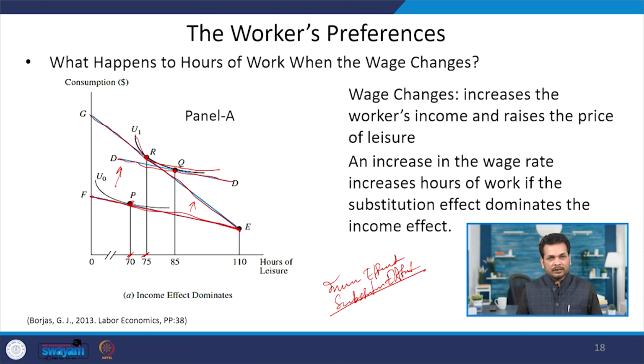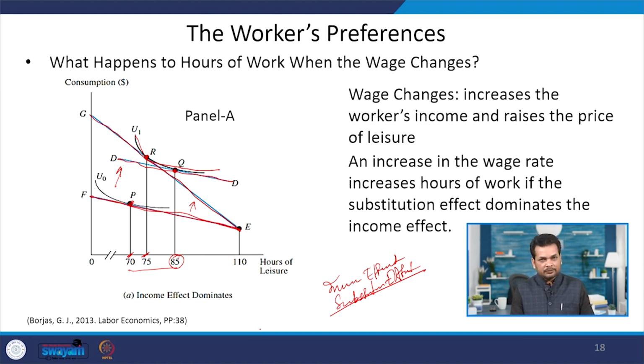Now, when we isolate this, how much is due to the change in the income due to the change in the wage rate? As the income increases from 10 to 20, the worker should have consumed leisure of 85 hours, but simultaneously he finds that leisure is very expensive.